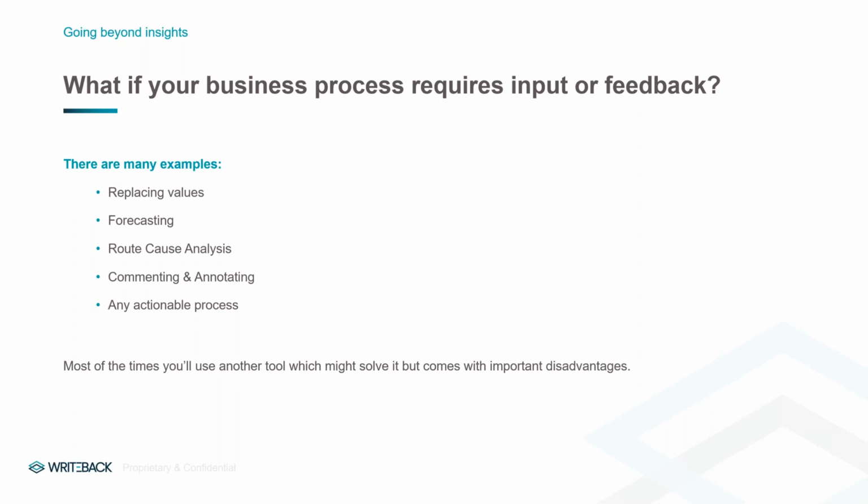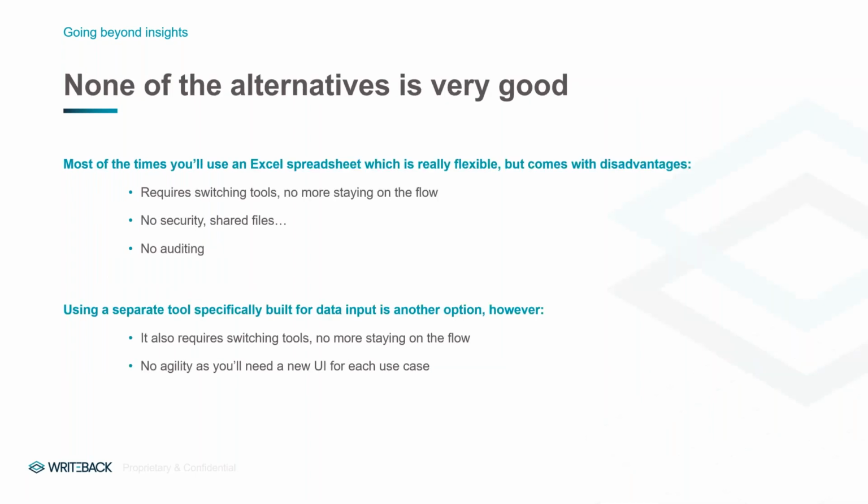And we end up having to choose between either using an Excel spreadsheet that we can type in the data, but that isn't really a good experience. We need to go to a separate tool, and we get the flexibility from Excel, but we lose a bit of control. You know, people can override each other's data, they can delete files, so it's not really secure.